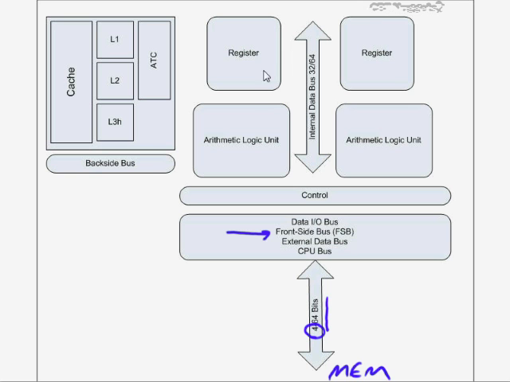This handles all of the exchange of data between the registers and the arithmetic logic units, kind of the ping pong ball that goes back and forth between all of this stuff. Follow the ball, okay? Anyway, this internal data bus is where we identify whether we have a 32-bit processor or a 64-bit processor. That's the true test of whether it's 64 or 32.